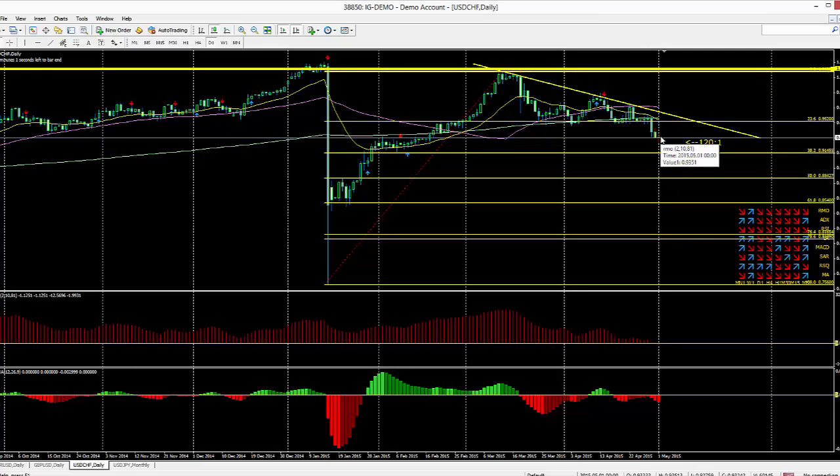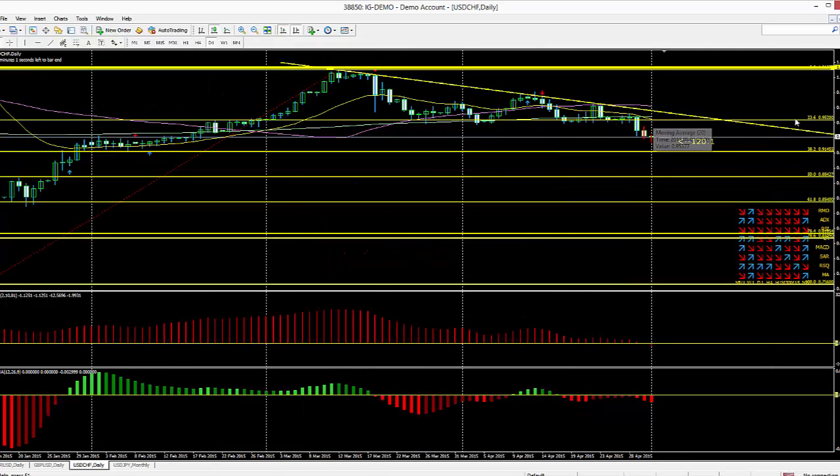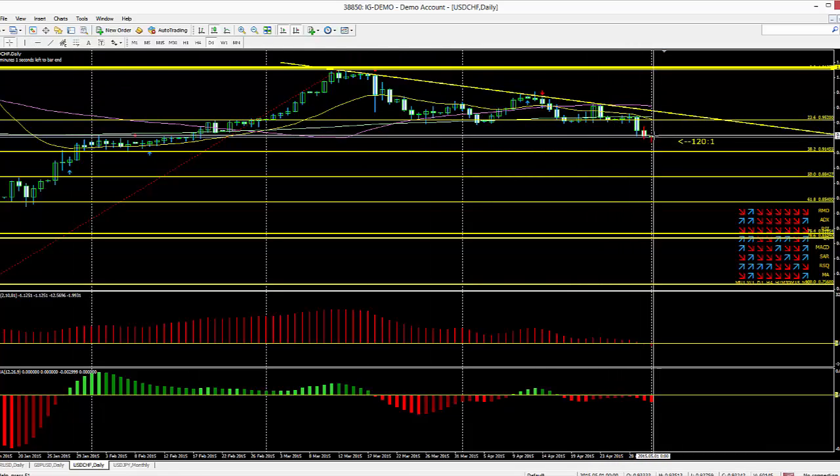Otherwise, if we see positive data coming out at the end of this week, then what we could see is price retesting the 23.6 level, which is the prior major support and resistance level that we've seen over the months here at 0.9520. So we could see price reattempting the highs, or the support and resistance levels here at 0.9528, which are roughly around 200 pips away. So it's vitally important to see that.